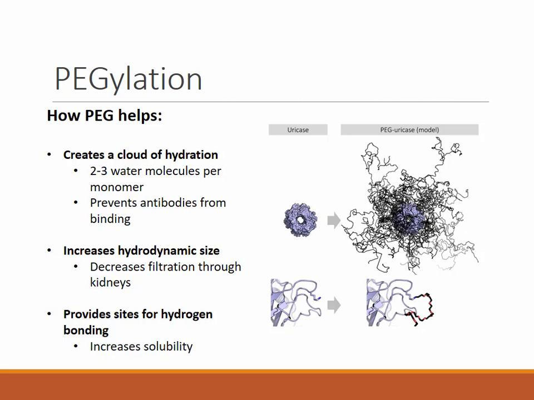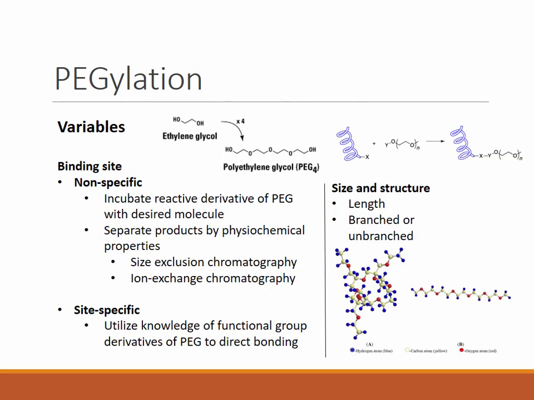Let's look at a few variables in the process of pegylation. Pegylating molecules can be done in 2 fashions. Non-specific is an easier method in which you incubate PEG with your drug, and it non-selectively binds to the molecule. You're going to need to separate these by their physiochemical properties, because the problem that this poses is you're going to have a bunch of different half-lives depending on the size of the PEG.